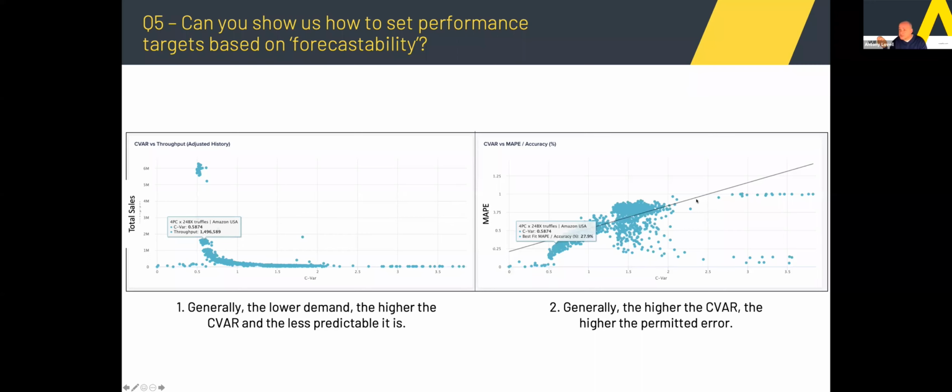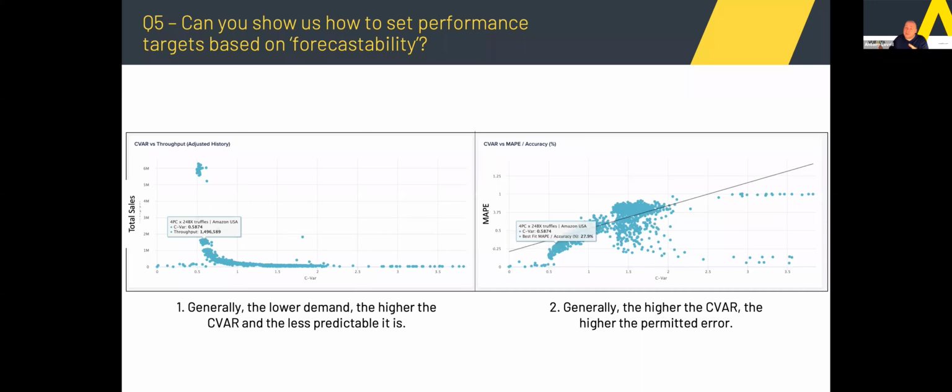So if we can measure the C-var, or the true variability, which is the standard deviation divided by the average demand, or by the mean, to get an indication of the degree of variability of that product, because the standard deviation by itself is not a relative measure. So if we know the standard deviation is 10 and the mean is 20, that has an average variability of, say, 50%.